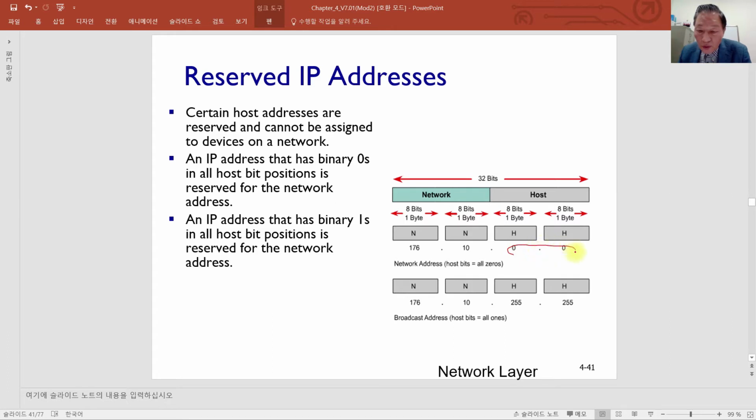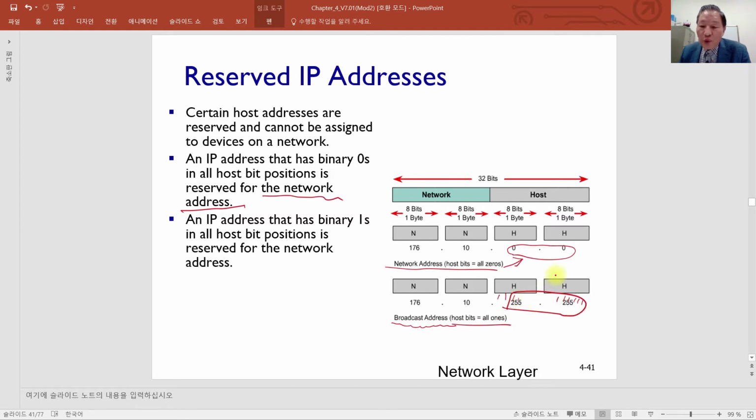If those are all zero, this is the host part, this is the network part, among the 4 bytes, among 32 bits. If those are all zero, then that is reserved for the network address. And this one explains that. And an IP address with all host bits set to 1, that is 8 bits of 1s, is assigned as the broadcast address.